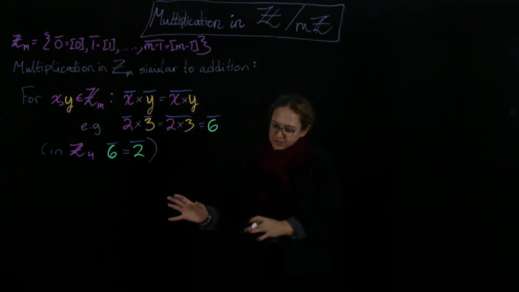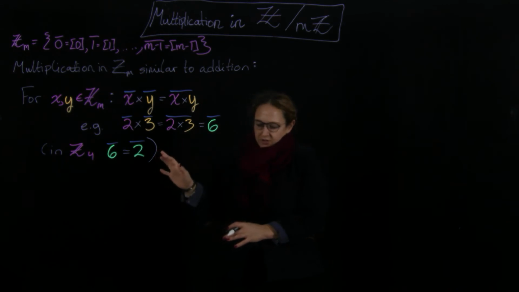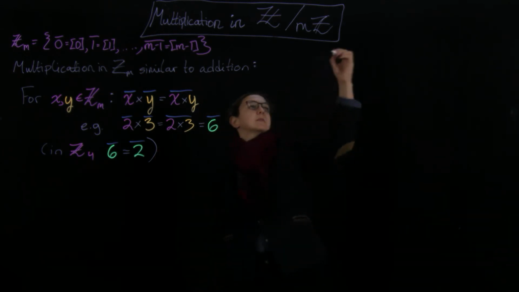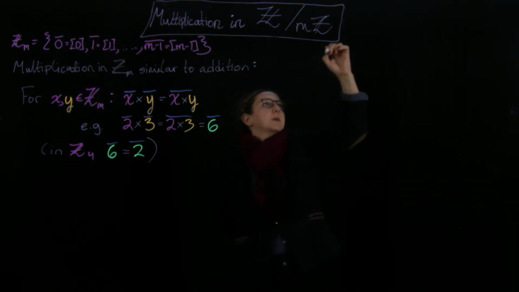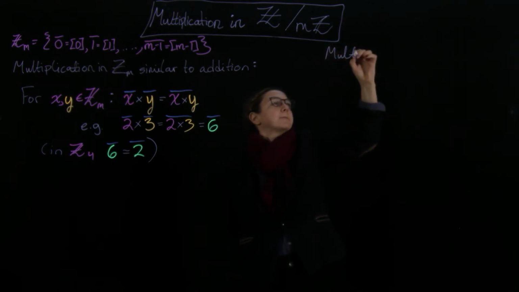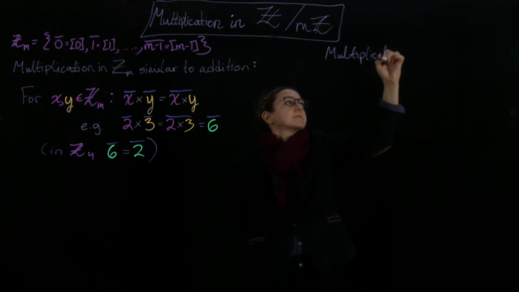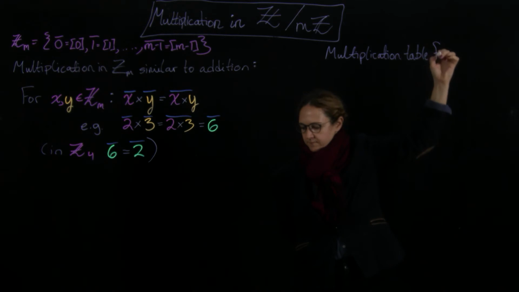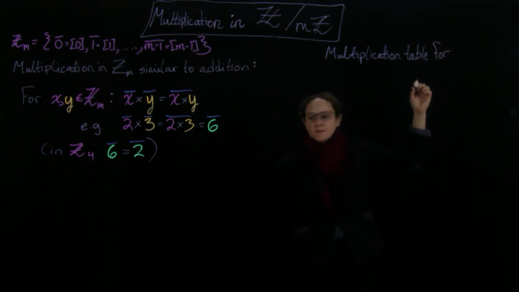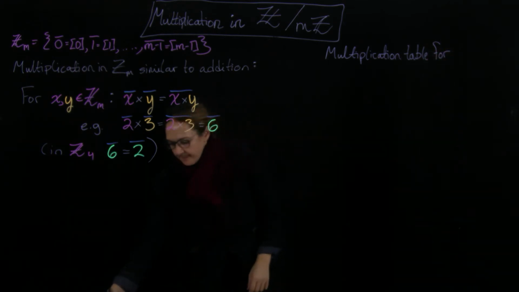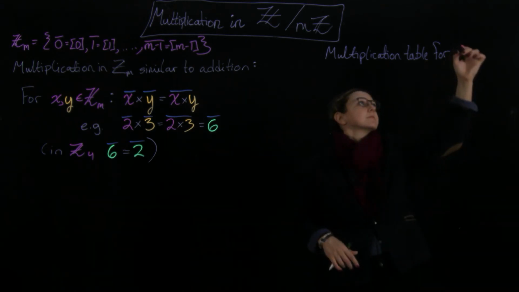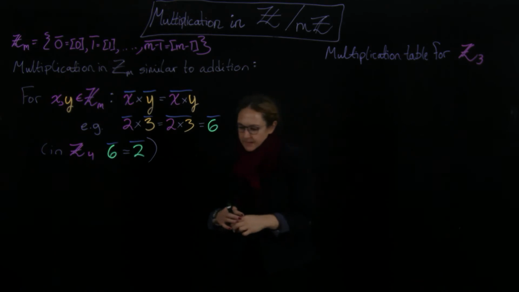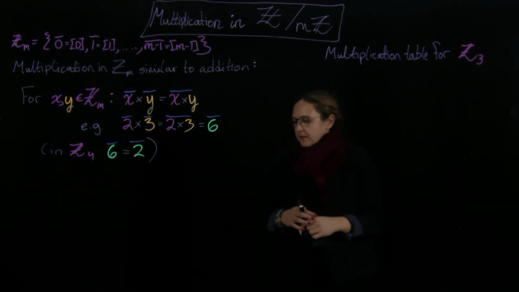Now let's actually do one of these charts. So here's going to be the table, the multiplication table for Z3.